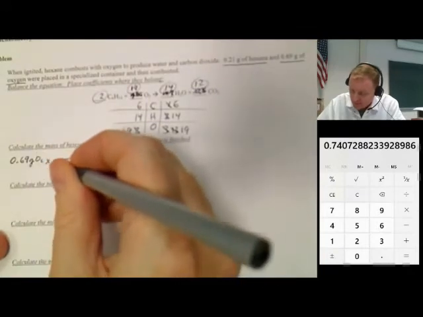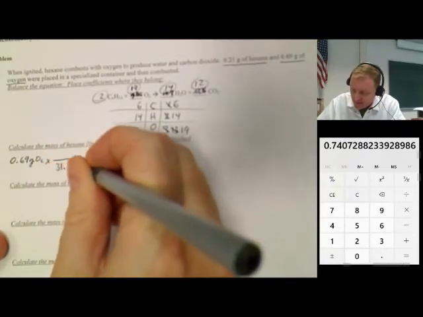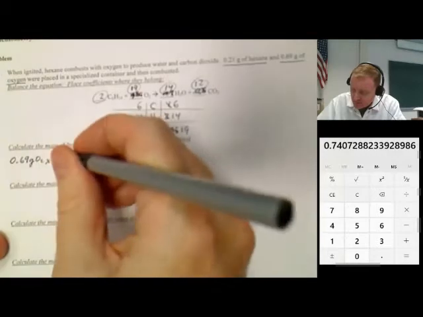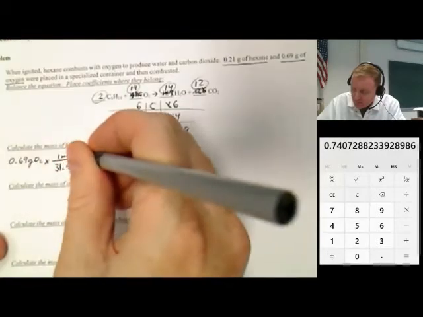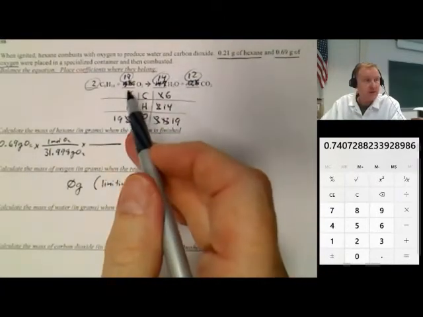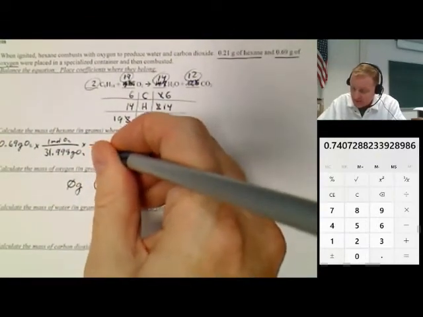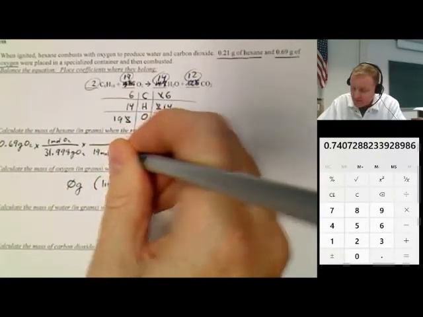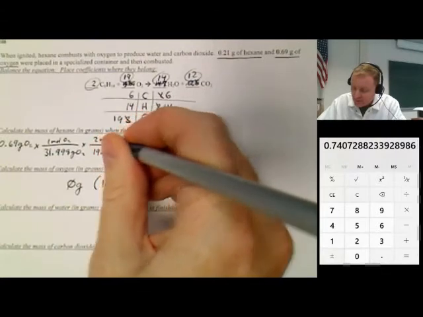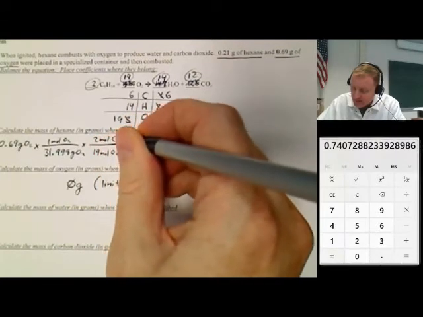So 31.998 grams of O2 per 1 mole of O2. And the ratio between oxygen and hexane is there are 19 moles of oxygen for every 2 moles of hexane.